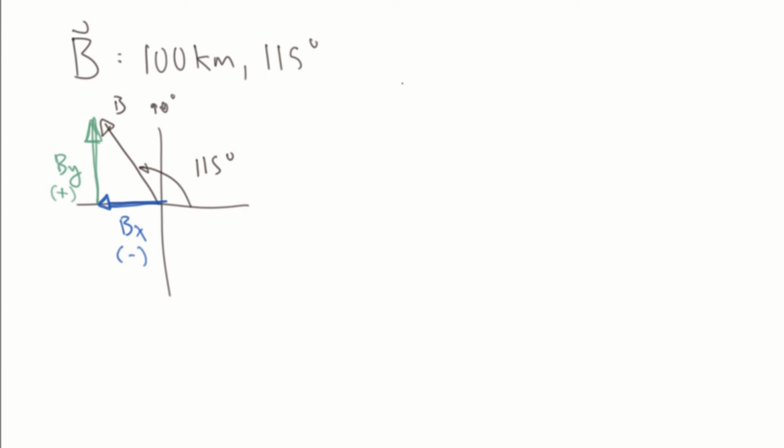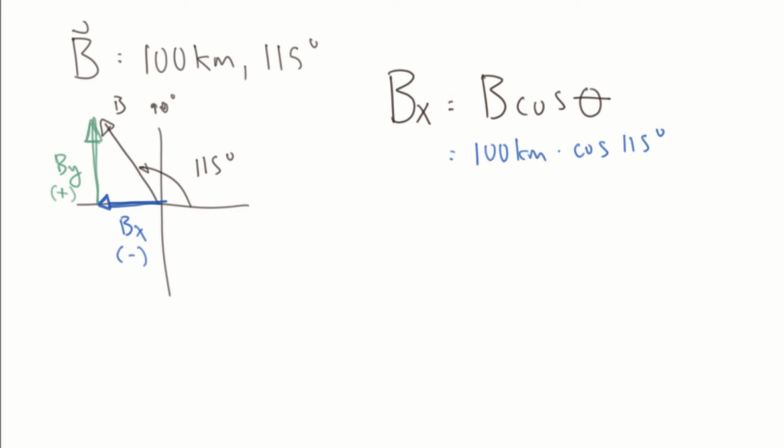Again, the equations don't change aside from just the nomenclature indicating what vector we're looking at. So we can solve for Bx. Bx equals B times the cosine of theta. Now the theta is, again, with respect to the positive x-axis. I'll color code it to match there. So we have 100 kilometers times the cosine of 115 degrees.